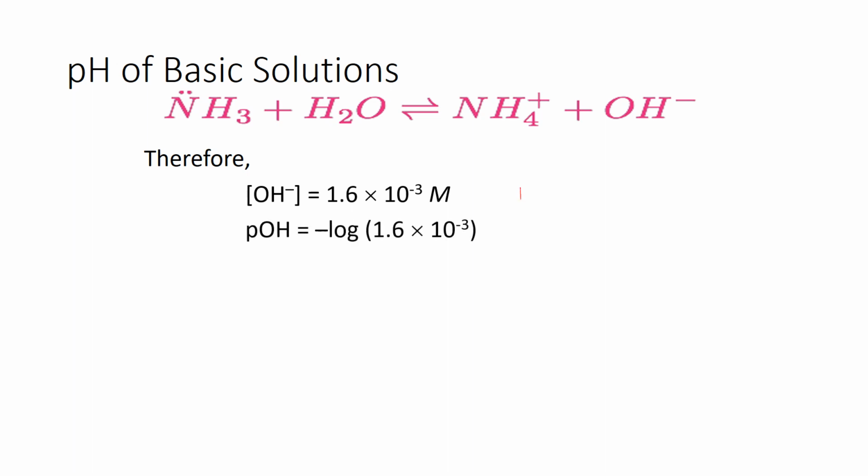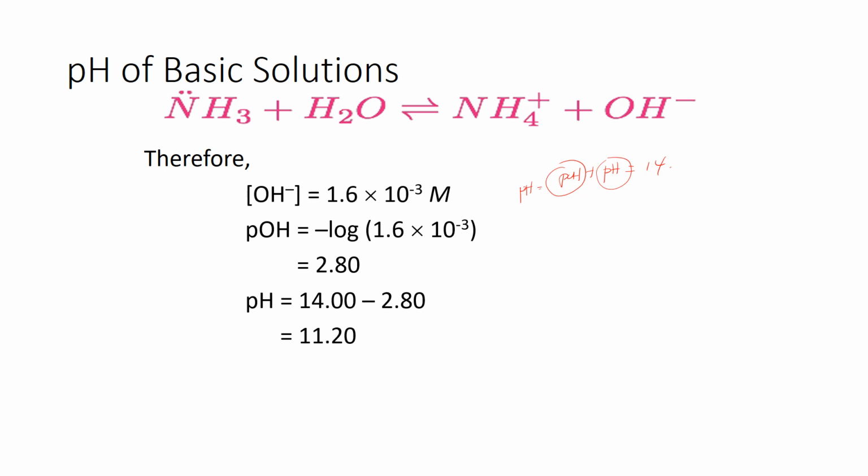So we can get pOH. Remember, we want to get pH, and there's a relationship between pOH and pH, which is supposed to be 14. So it means we can get pOH to enable us get pH. pOH is a negative log of the concentration of OH, which is this one.